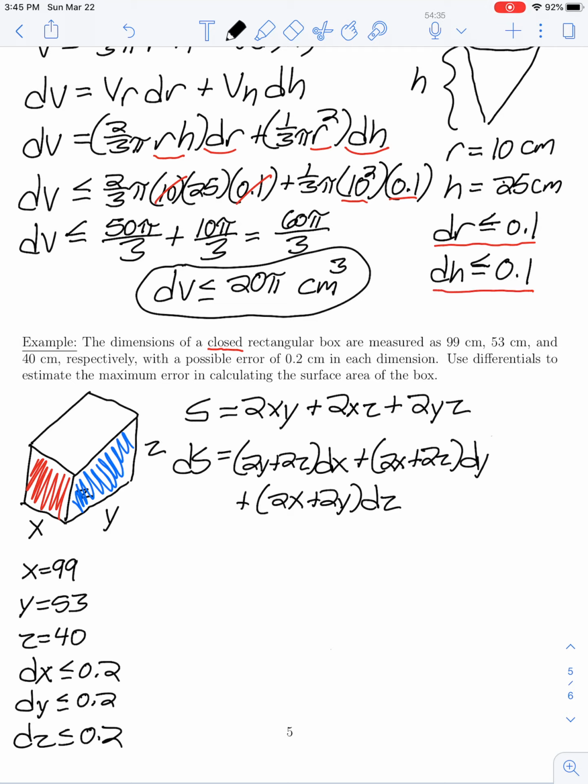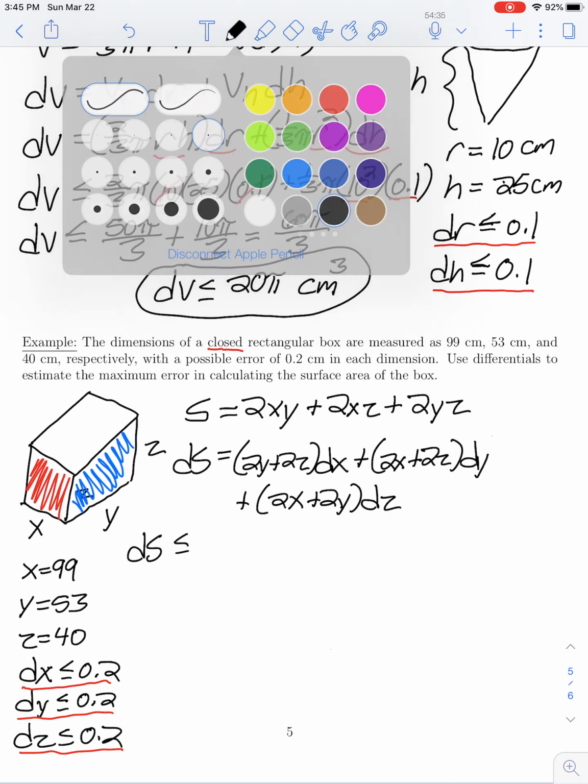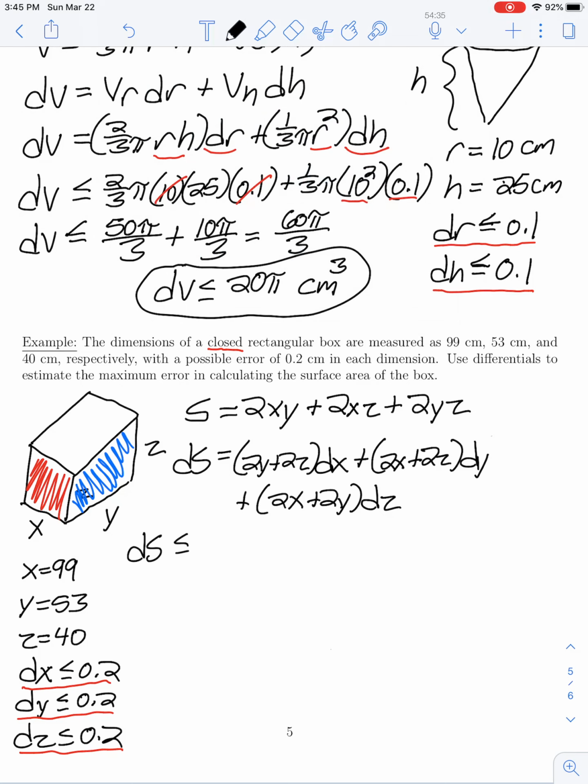So to determine the maximum possible error in calculating our surface area, we want to maximize this differential. And to do that, we would be looking at what the maximum errors would be in measuring each of our dimensions.